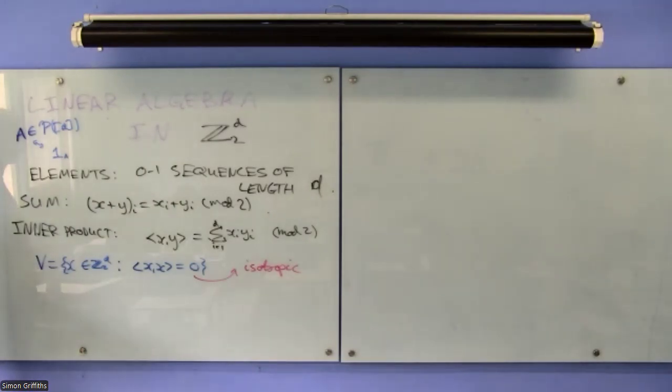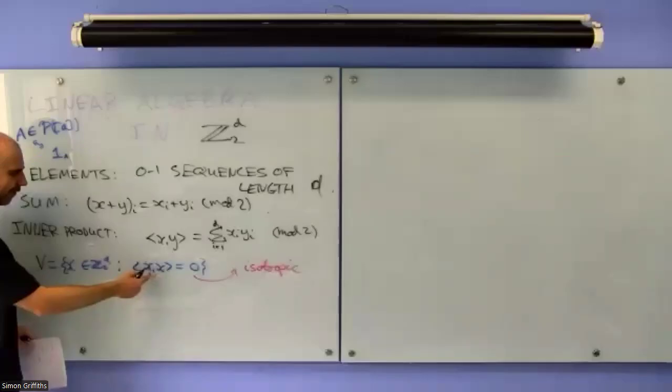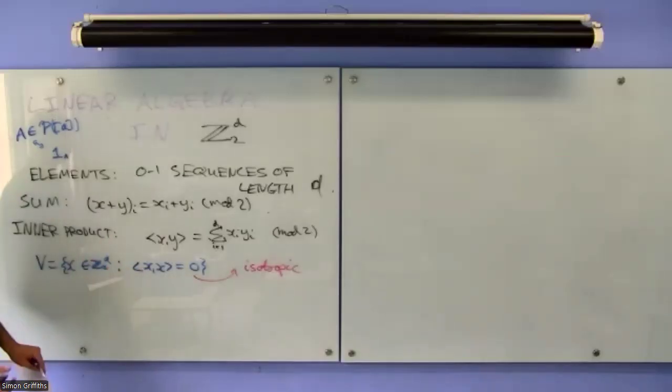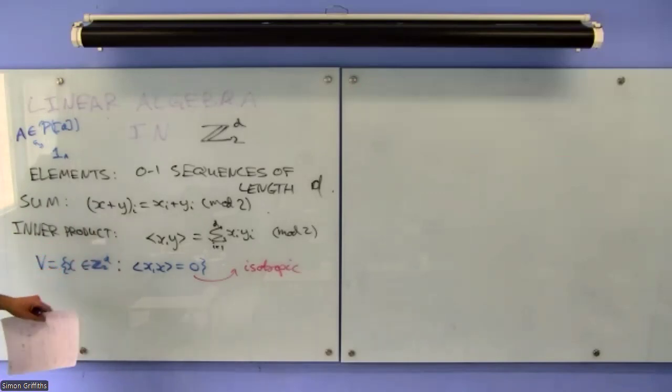We can be fancy. So once you have this fancy word, you can think about what it means for a set if not only do the elements have inner product 0 with themselves, but every pair in the set has this property.